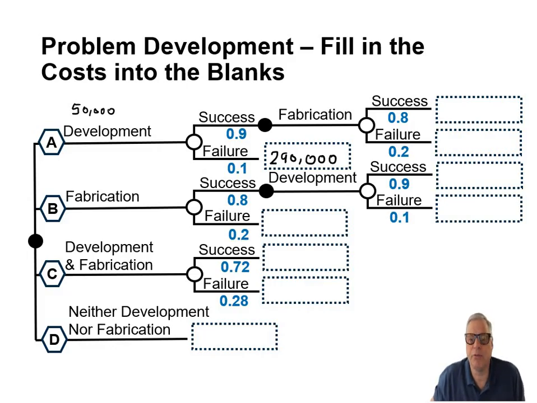But if the development is successful and the fabrication is also successful, well, then we can produce the engine at the cost of 9, so that's 90,000. But we also had 50,000 in development, and the fabrication cost another 30,000. So 80,000 plus 90,000, that's 170,000.